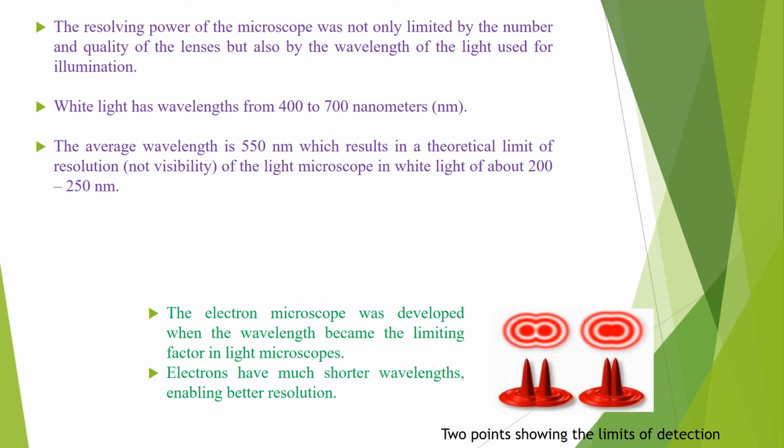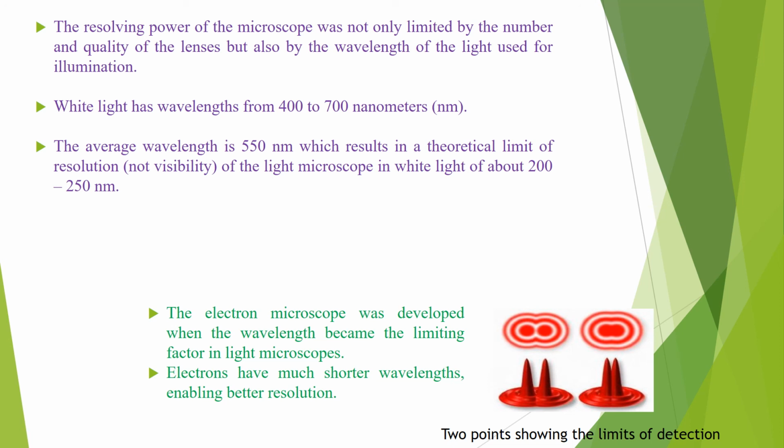The resolving power of a microscope is not only limited by the number and quality of the lenses, but also by the wavelength of the light used for illumination. White light has wavelengths from 400 to 700 nanometers.